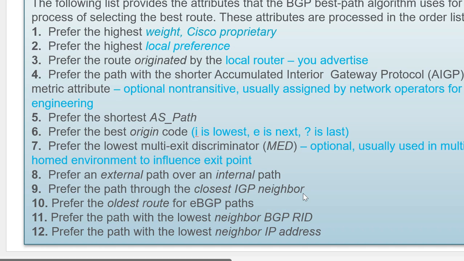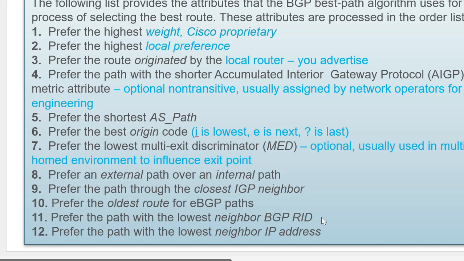Looking at the topology, the closest is the same. Prefer the oldest route for eBGP, and the lowest neighbor ID. Let's assume we have no information about the oldest route because we cannot see the timer. The next best thing to decide is the path with the lowest neighbor ID.